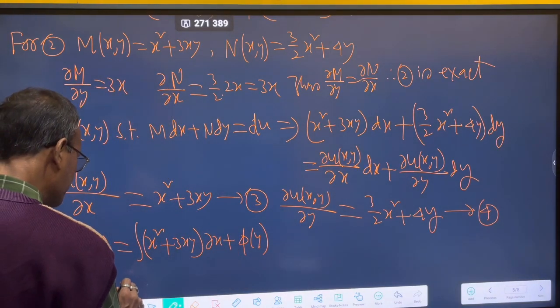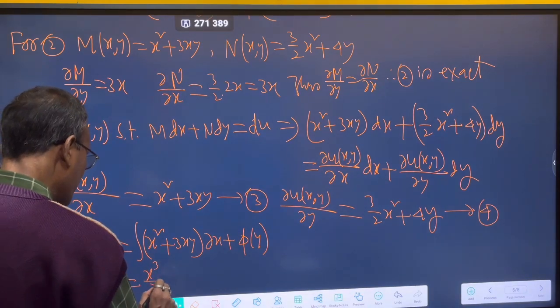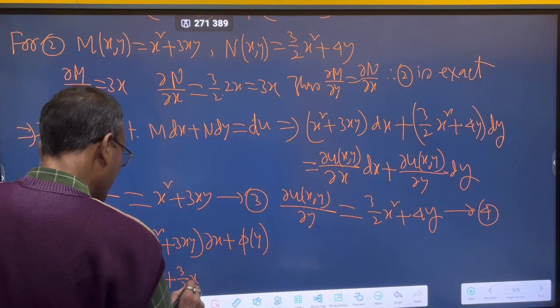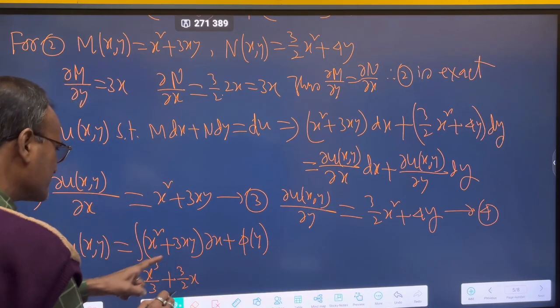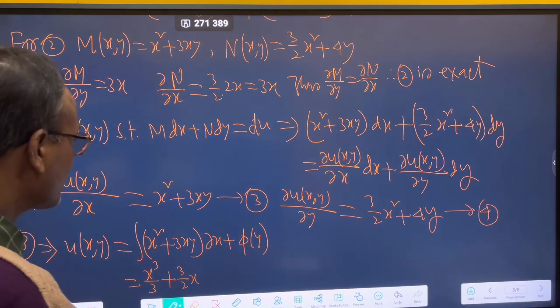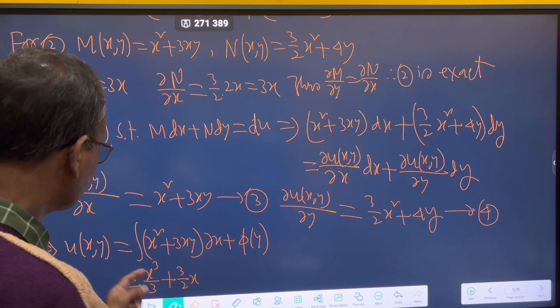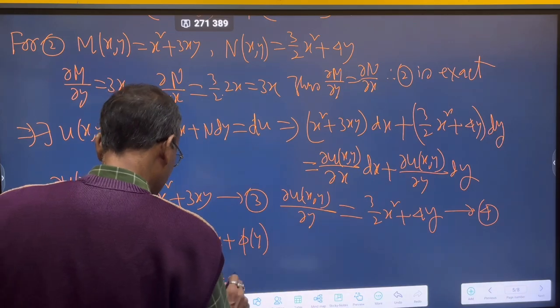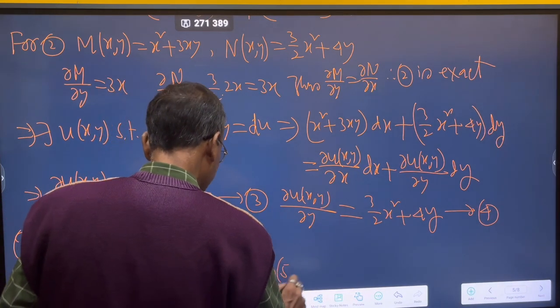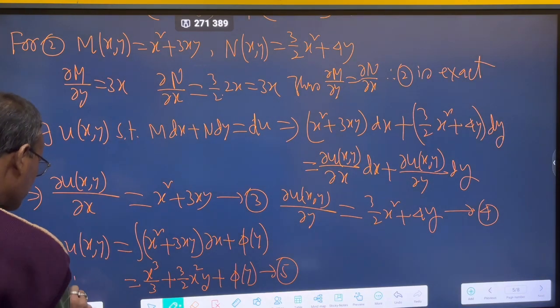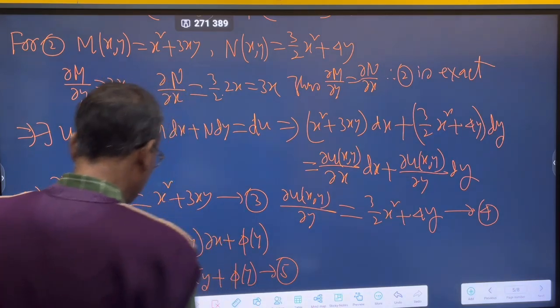This is equal to x cubed by 3 plus 3 by 2 x square by 2 y plus phi of y. This is number 5.